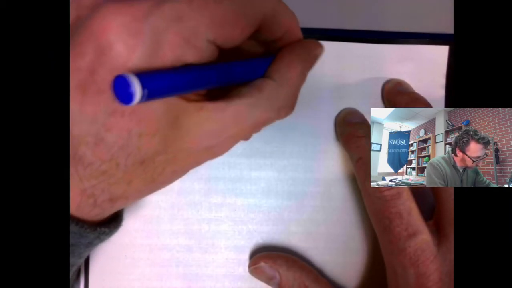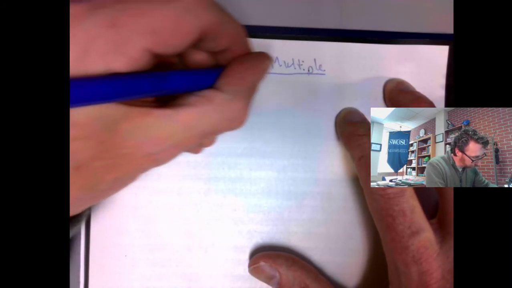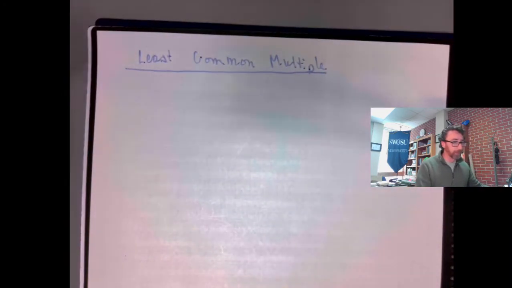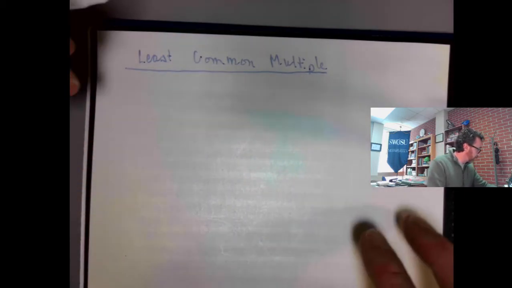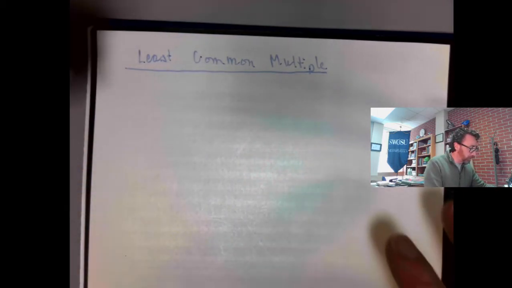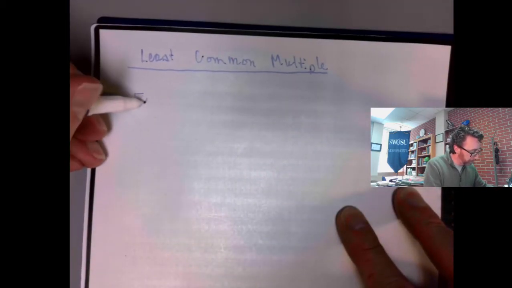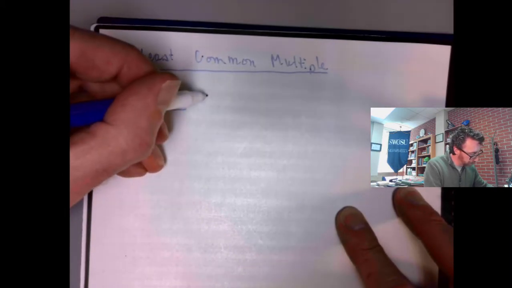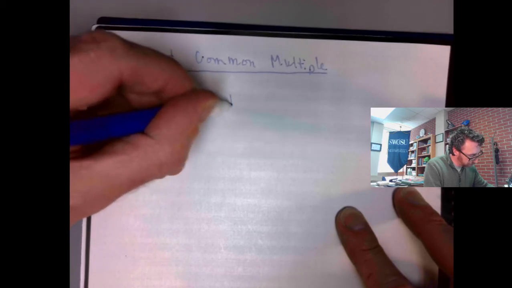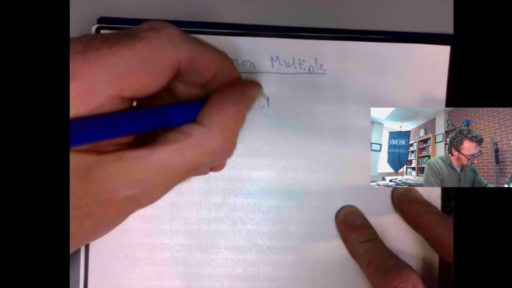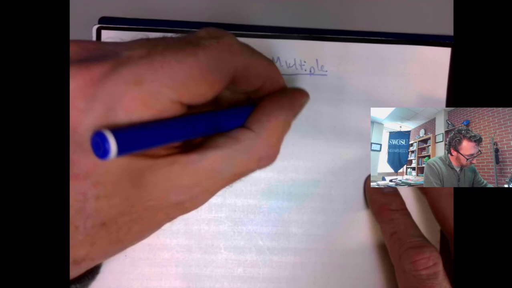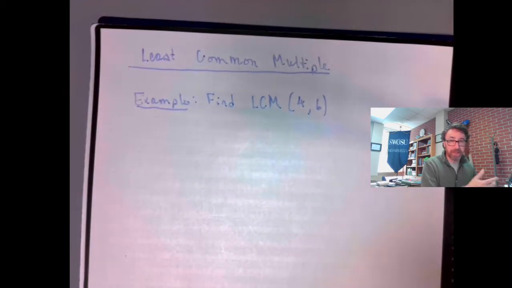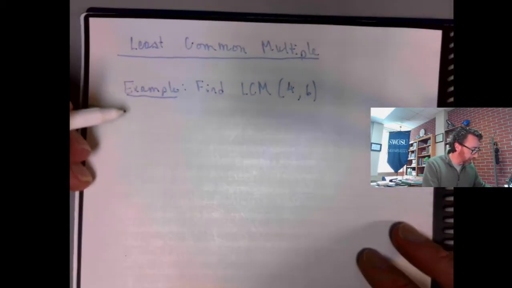All right, so what I'm going to do here is, let's do a simple example. Find the LCM of 4 and 6.